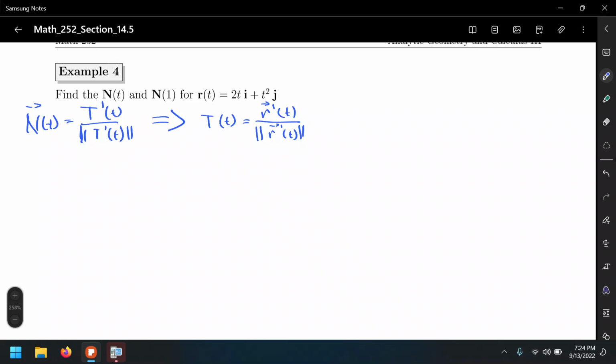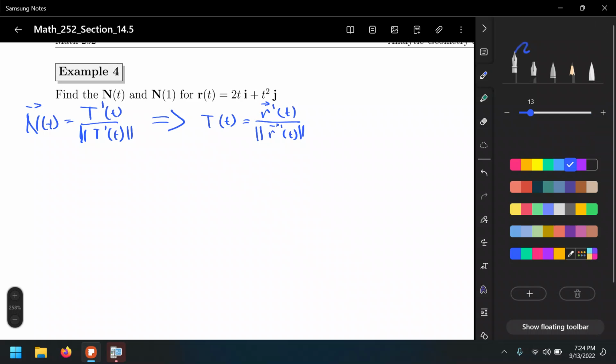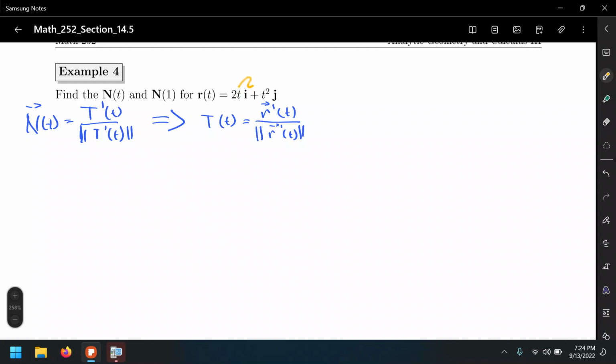So let's find r prime. It's 2i, well, actually I'm going to use component form: 2, 2t.